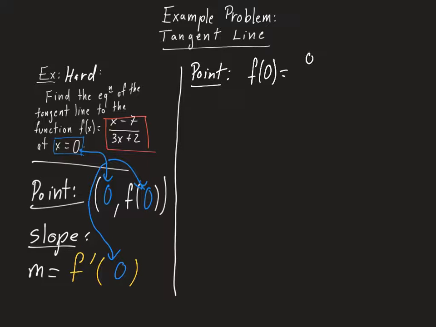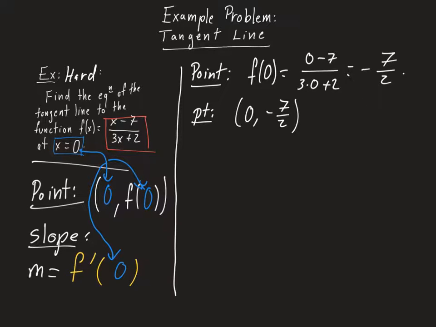And f of 0 is going to be 0 minus 7 over 3 times 0 plus 2, which is equal to negative 7 over 2. So our point is going to be 0, comma, negative 7 over 2. All right, and just to remain consistent, I'll remind you that this is the value that corresponds to our x, and this in green is the value that corresponds to our y.